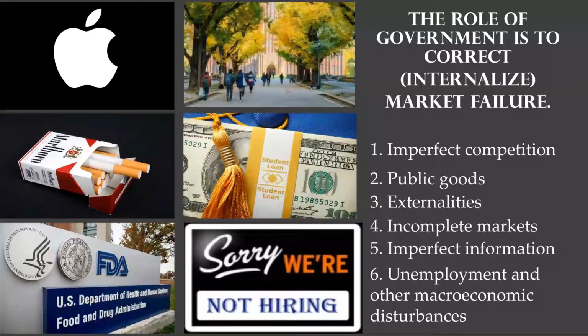And so you have an incomplete market because you are essentially lending money to students who may not be able to pay it back. You also don't have perfect information as far as their ability to pay it back, because you don't know what these students are going to study, right?